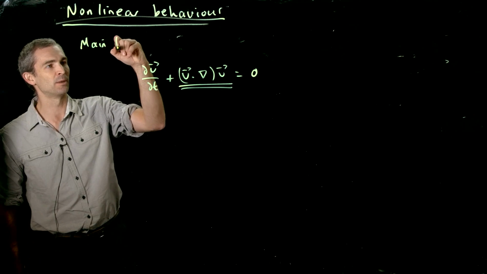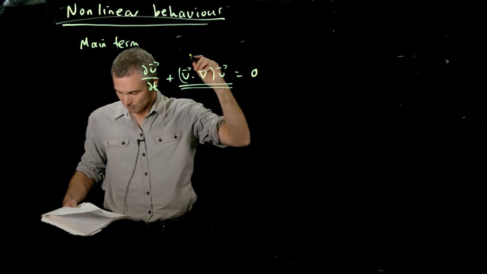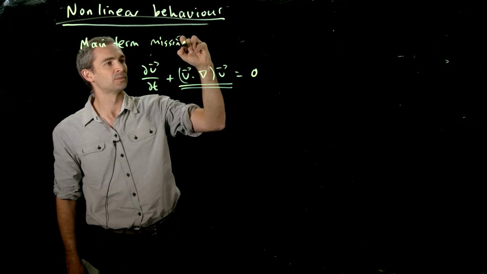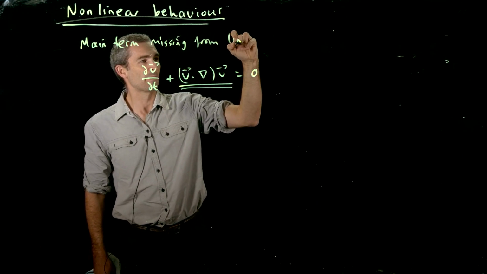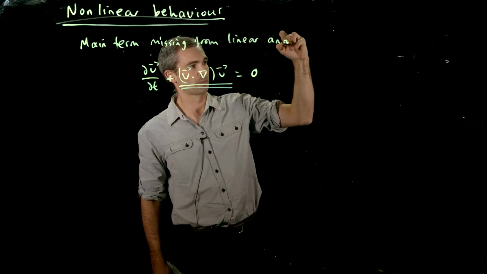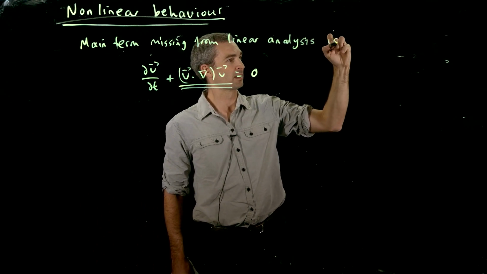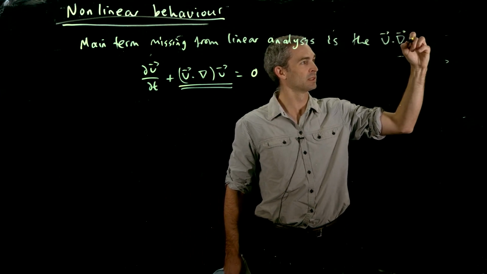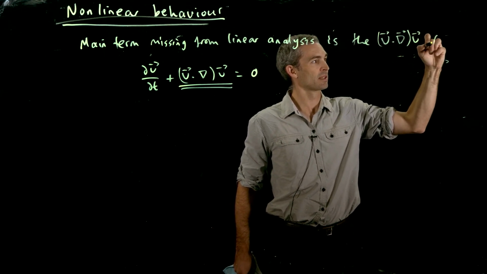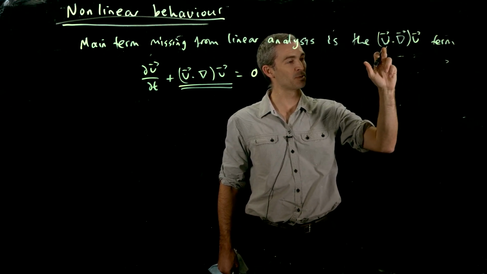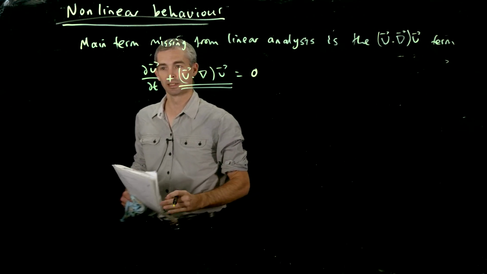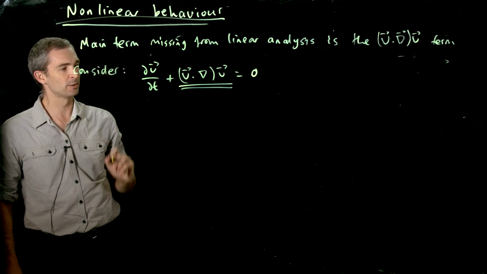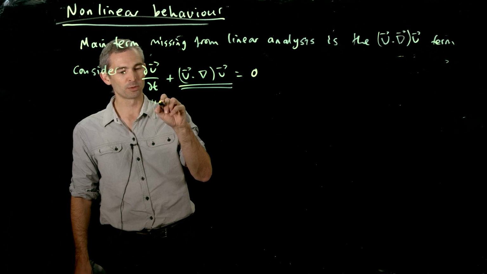The main term missing from the linear analysis is the v dot grad v term. That's a fully nonlinear term, because it would be a delta v dot grad delta v. So let's consider the following equation, and this is called Burgers' equation.